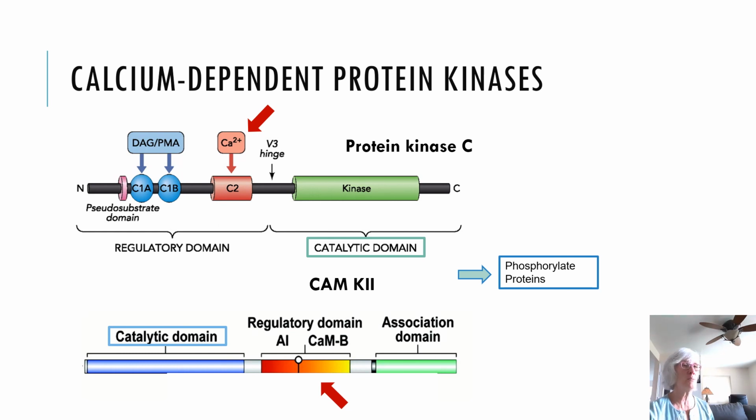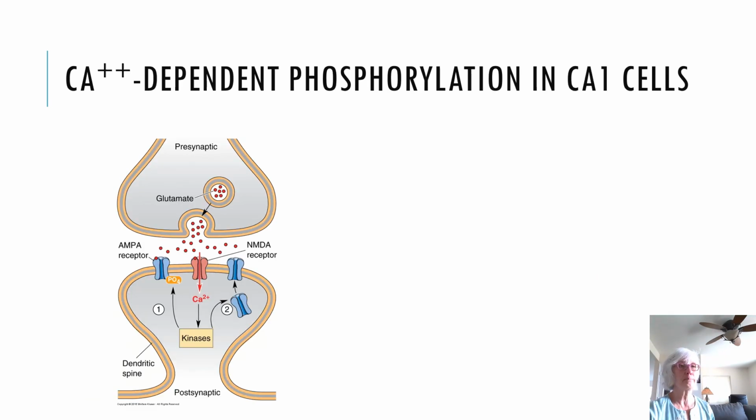Actually, it's going to bind to more than two protein kinases. We'll focus on these two right now, but that calcium will bind to two protein kinases, and that will activate these two protein kinases, who will go on and phosphorylate other proteins.